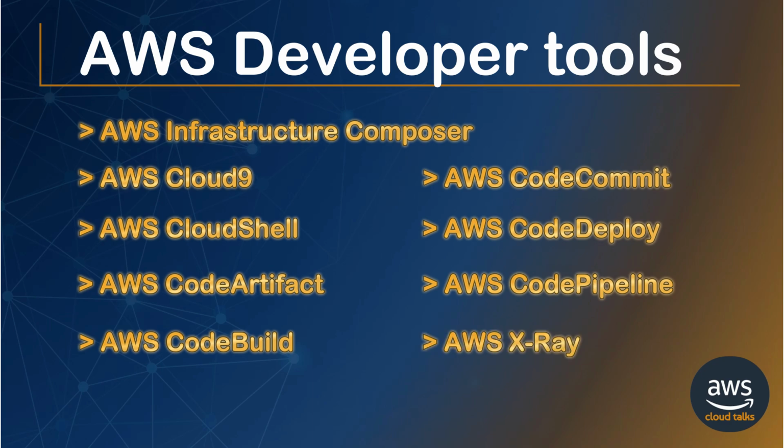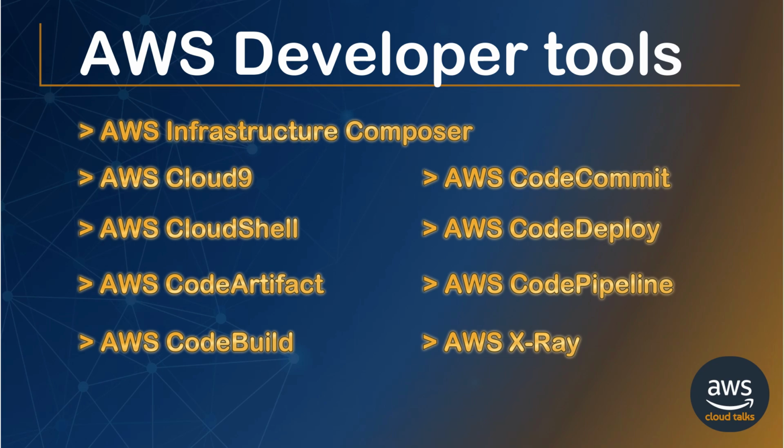AWS X-Ray. AWS X-Ray helps developers analyze and debug distributed applications in production or under development. For example, AWS X-Ray is helpful to analyze the applications that are built using a microservices architecture.